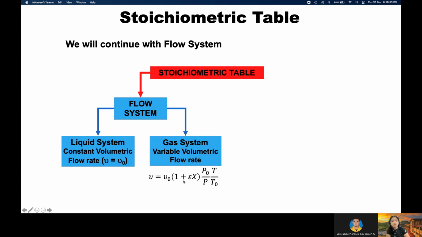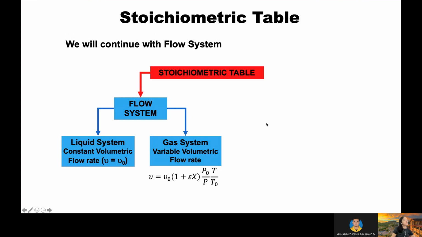Inlet volumetric flow rate and the outlet volumetric flow rate is no longer equal. That's why later we will learn there is an equation that relates inlet and outlet volumetric flow rate. Because of that phenomenon, when we want to determine concentration, it is not the same between liquid phase and gas phase. Okay, so now let me go to the next one.